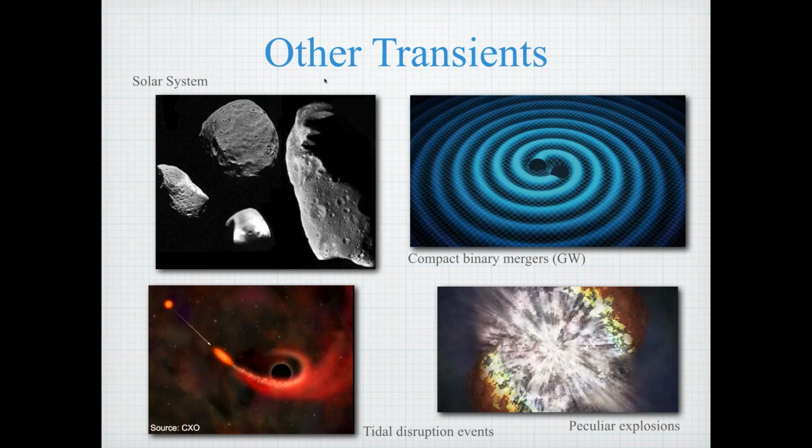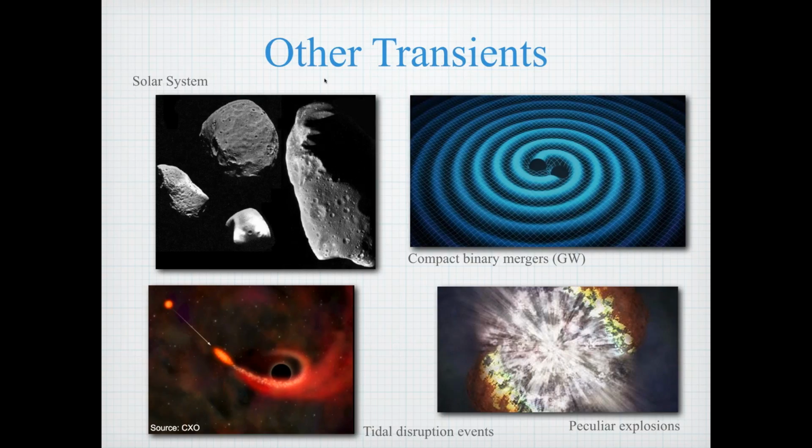The tidal forces strip the star apart and produce very distinct signatures. I won't say anything about that. We can also study peculiar explosions if you study a much larger area of the sky. I won't say anything about that, but those are things that could be studied in a 5,000 square degree variability survey.